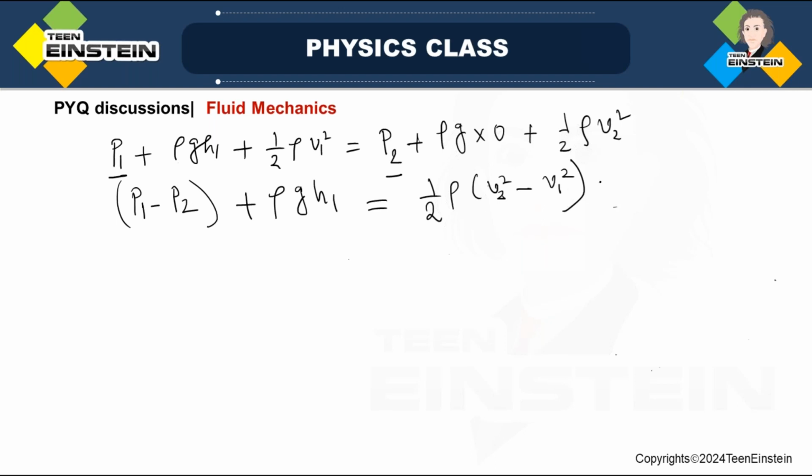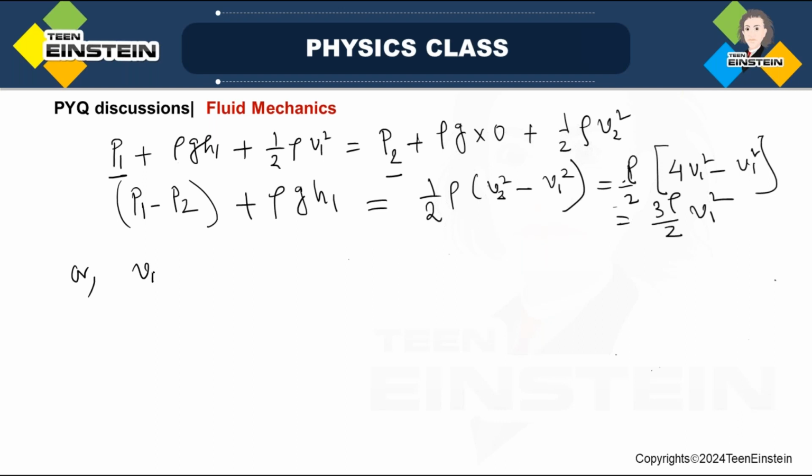So now look here, I'll get v2 square is 4v1 square, and this is v1 square itself, right? So what I get here is 3 by 2 rho v1 square. This I have already got.